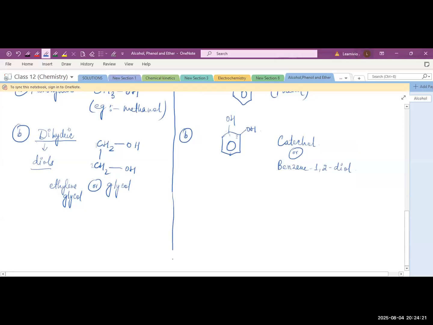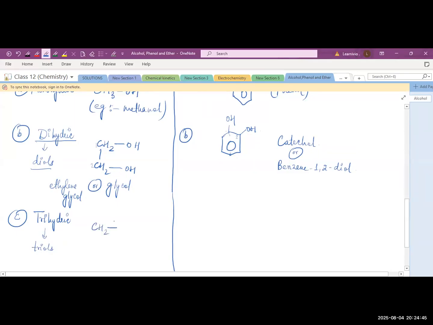Now the third one is your trihydric. Trihydric means three OH groups are attached. If we are talking about alcohols, then three OH groups are attached, and these are also known as triols. Now let's see the examples.